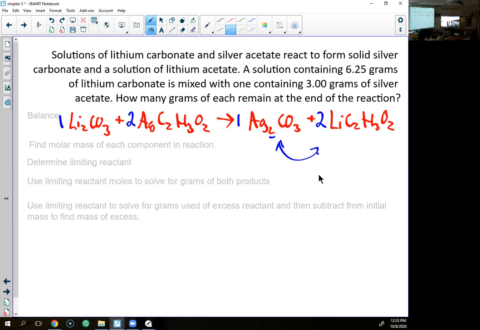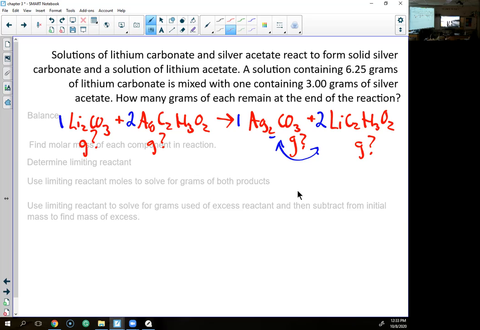So I want to know the grams of this, the grams of this, the grams of this stuff, and the grams of this stuff. Now here's the good news. One of those answers is 0. At the end of this reaction, one of those 4 things, its mass is 0.